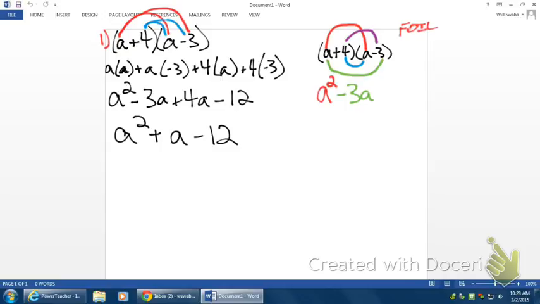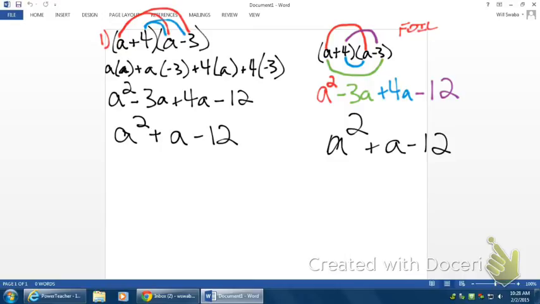When you multiply the inner terms, you get a positive 4a. And your last terms, 4 times a negative 3 becomes negative 12. And then you would go ahead and combine your like terms, which are the middle terms. And it's the same exact thing. Either way you want to solve it, it's up to you.